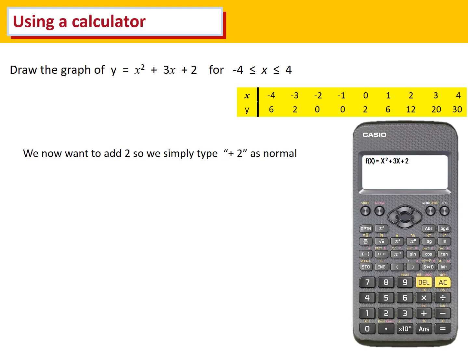We also need to add 2, so we just type in plus 2 as normal, and on our screen we should have f of x equals x squared plus 3x plus 2.